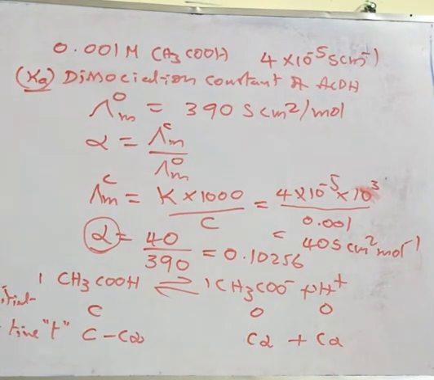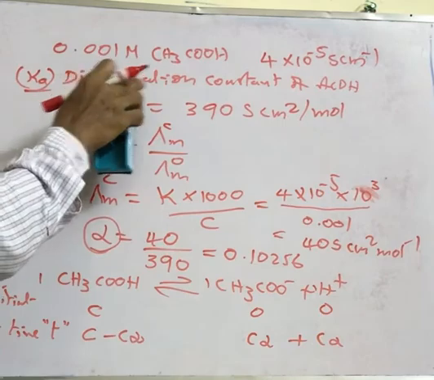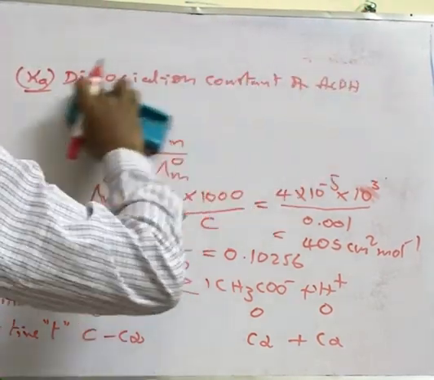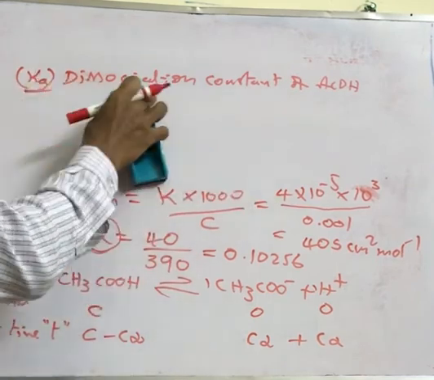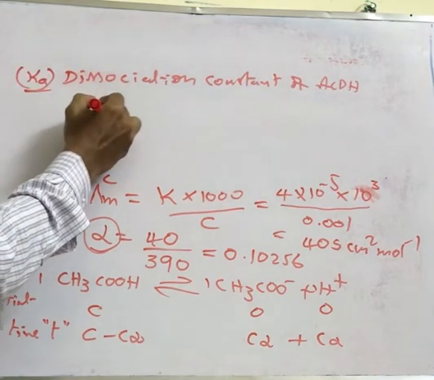Now I will rub off from the top, clear. What we need to get is the dissociation constant. The remaining we will remove. That alone we will leave, and now we will write the rest here. So now you write the dissociation constant Ka, as I told.